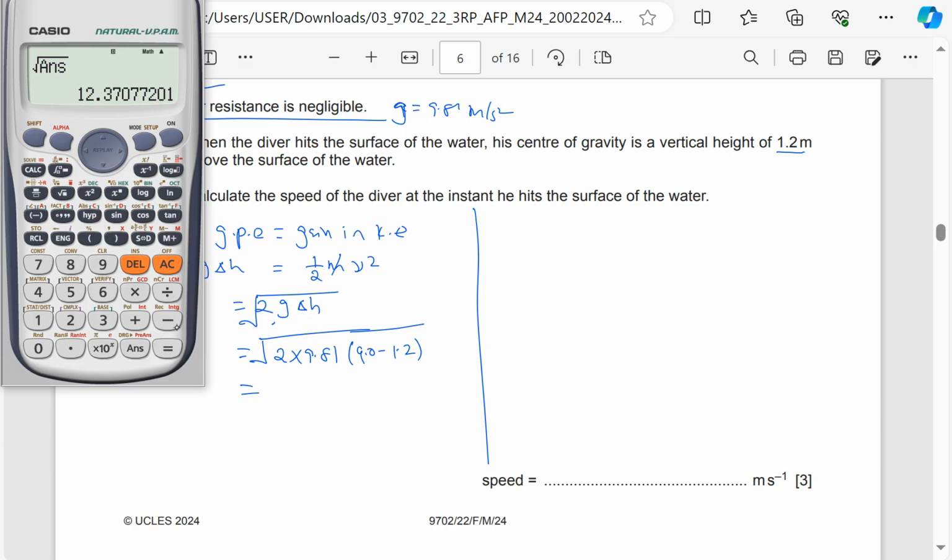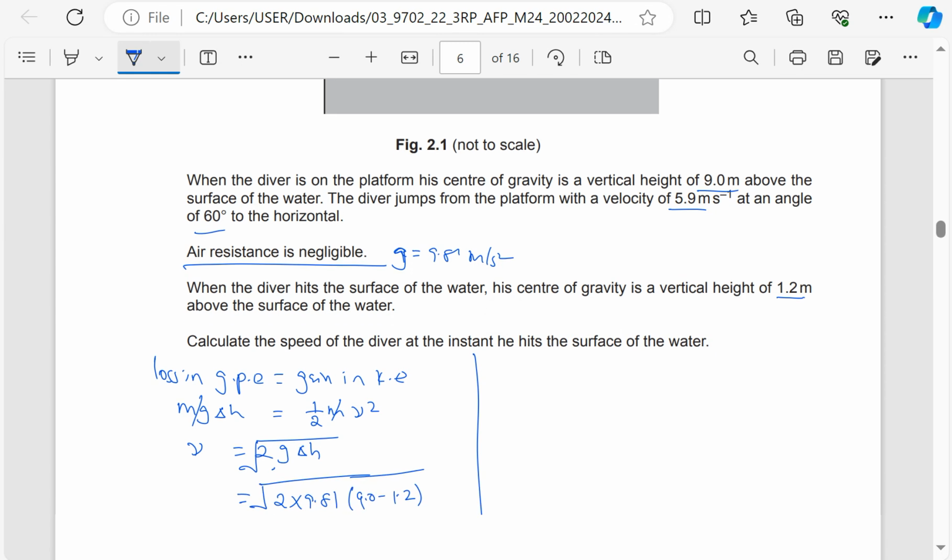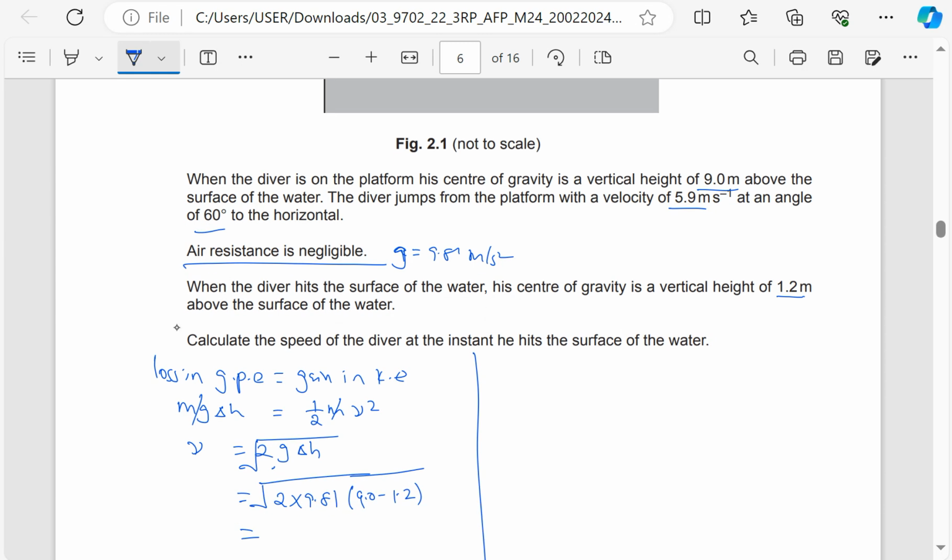I don't think this is going to work. Let me look here. The diver jumps from the platform with a velocity of 5.9. Okay, so he had some speed.